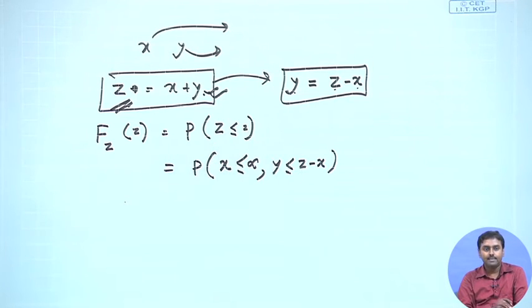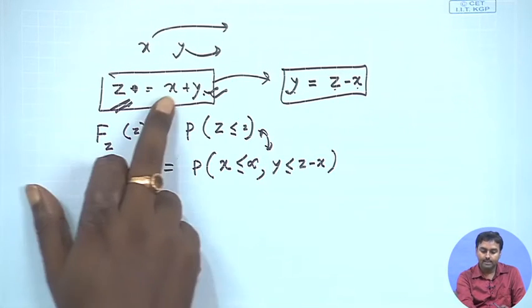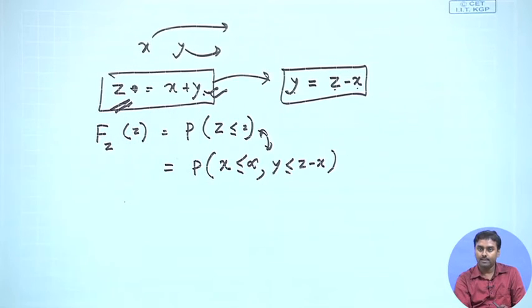Then the random variable z will be less than this z. Always I will be able to ensure this. Very carefully see this, because what I am saying is that I need the probability that my z random variable must be less than or equal to small z, but I also know that small x plus small y is equal to small z.